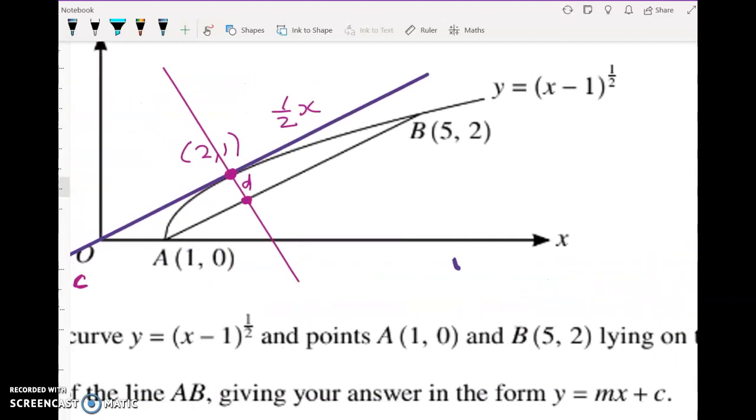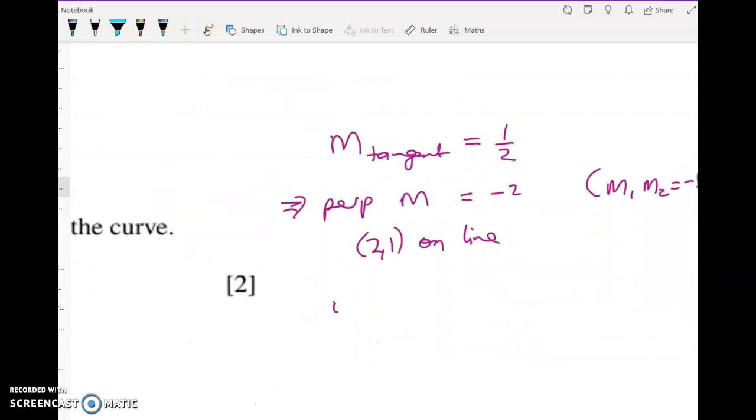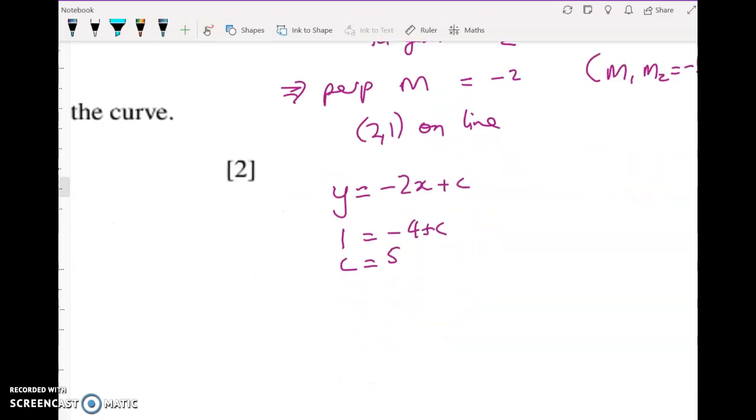Right, so we're drawing a nice diagram here, and we'll call that point capital D. So the equation is going to be y equals negative 2x plus c. 1 is equal to negative 4 plus c, giving me c is equal to 5. So that line that we want has equation y equals negative 2x plus 5.